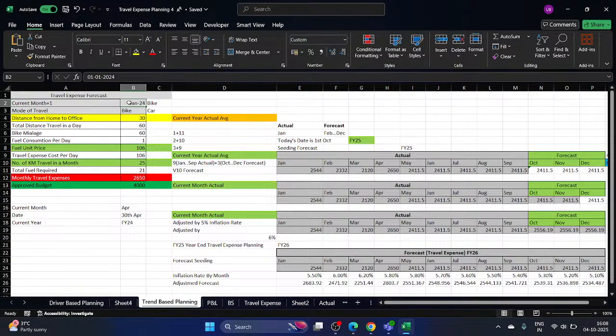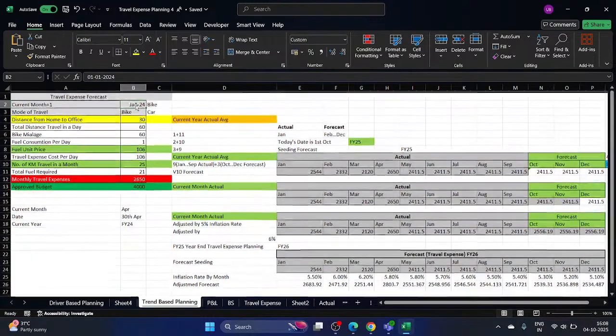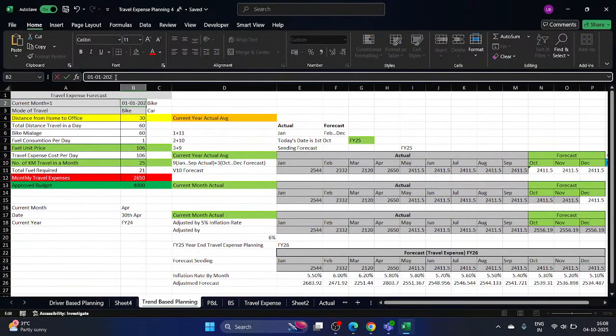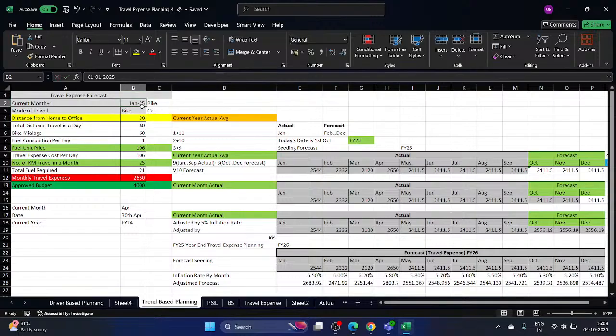If we are taking the previous example, but this example is for forecasting. I'm changing it from this month. Yeah, so this is January 25. It's about the upcoming month, so we have to do the forecasting.